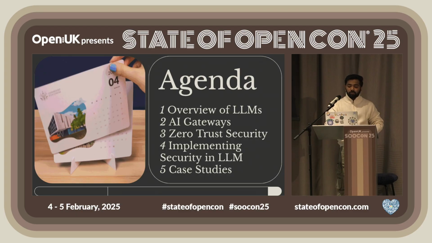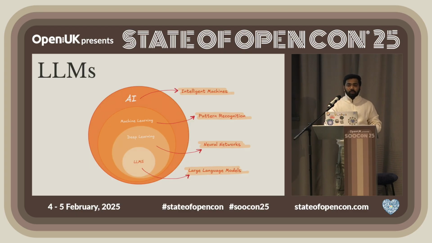So this is the agenda for today. I guess everyone knows this, but AI is a broad spectrum, and inside that it works on intelligent machines. Then you have machine learning, which is a subset of it, where you put in data and train it, and that's how it works in a human-like form.